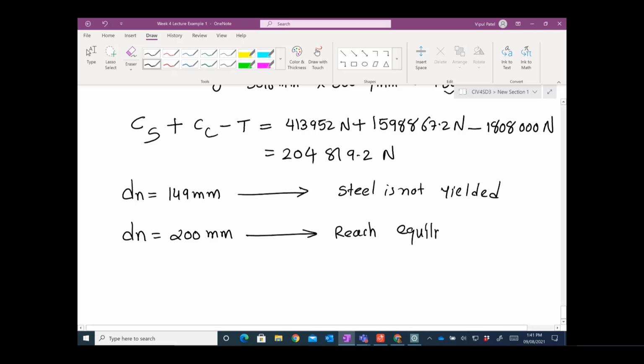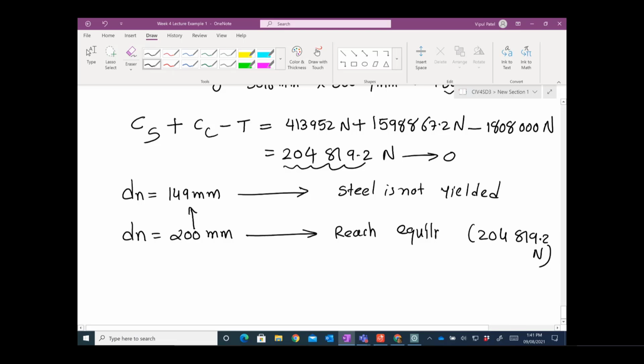What we get is this extra value of 204,819.2 newtons. There is some extra force. I need to make this one 0. I want to get rid of this 204 kilonewtons. So if I go this way, this force will be reduced.